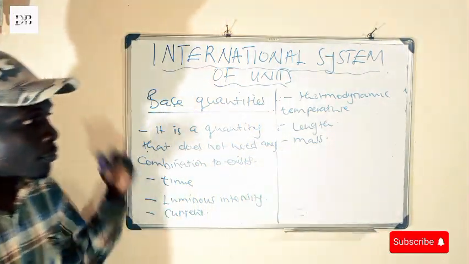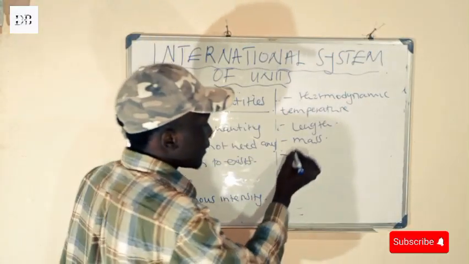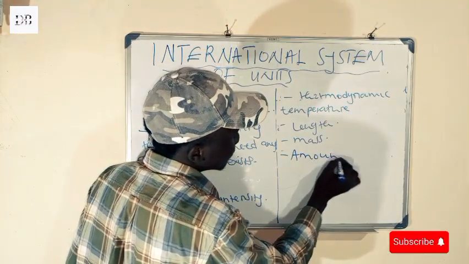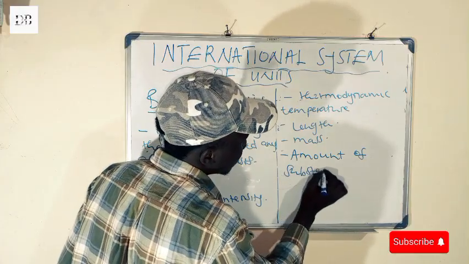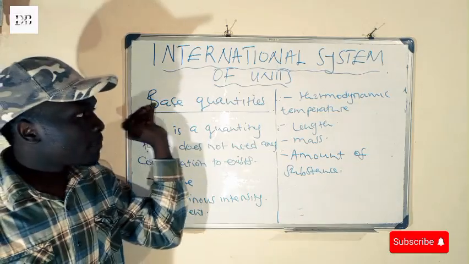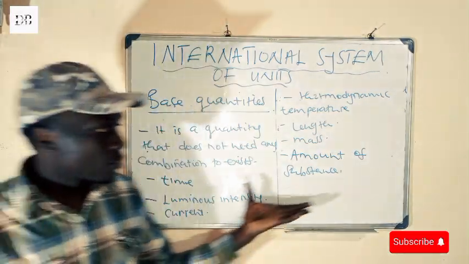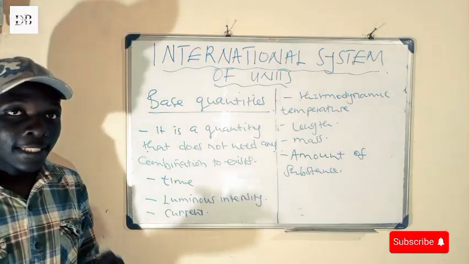So the other one will come as we continue. All right, so we have an amount of a substance. So these 7 are what are called the base quantities, or they do not need a combination to exist. They exist independently.